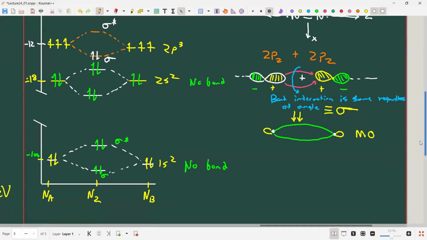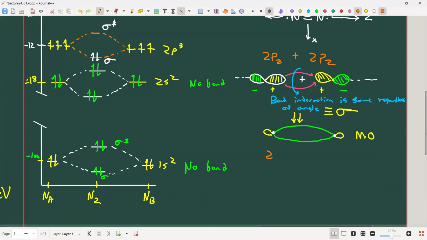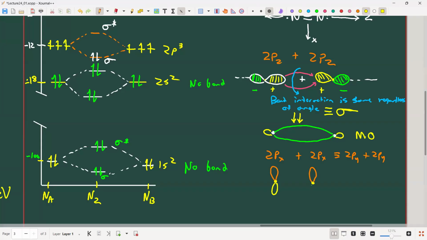Now let's think about the other ones. We also have 2px plus 2px, which is the same, of course, as 2py plus 2py. Those are going to be perpendicular to the bond. We've got two atoms like this. Again, I'm using different colors. I apologize. Right? We've got polarity or phase, positive and negative.